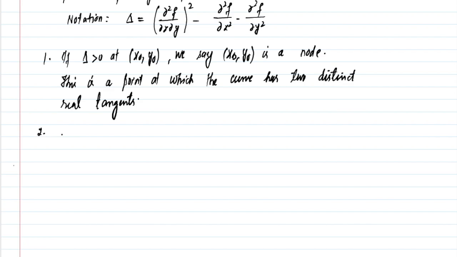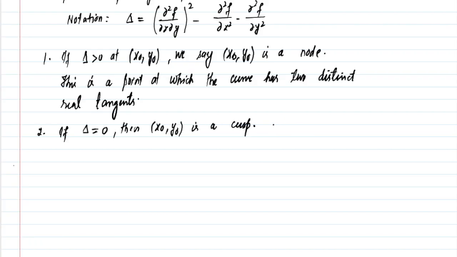Now the second value that this delta could have: if delta is equal to 0, then the point x naught y naught is called a cusp.